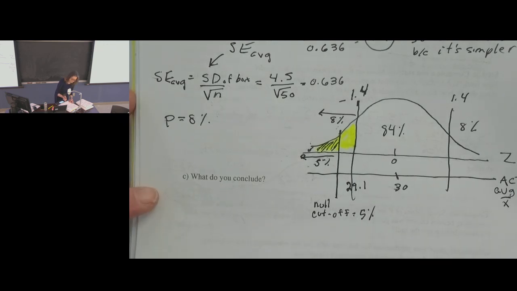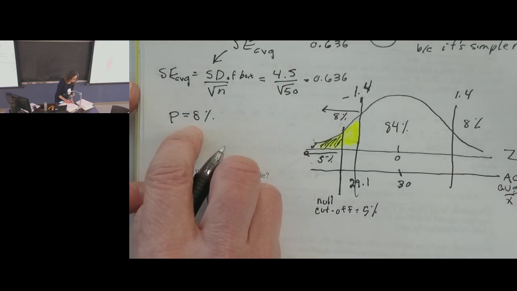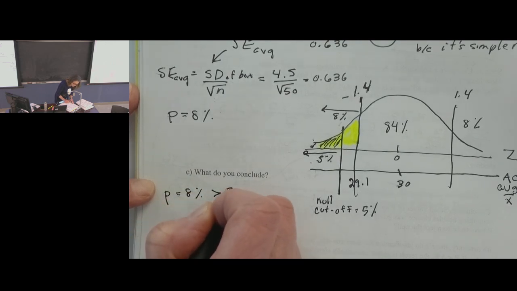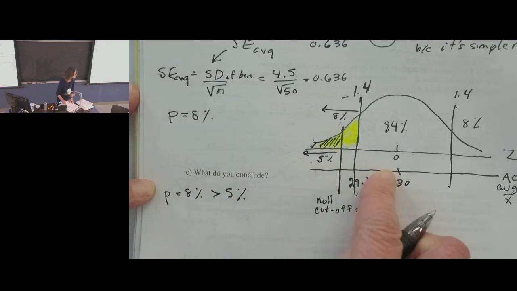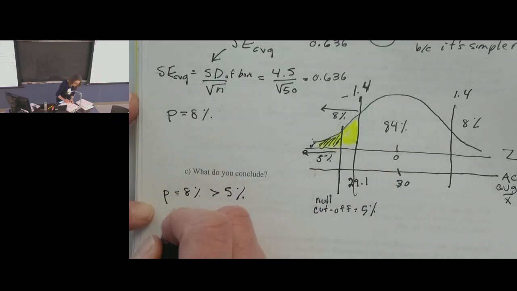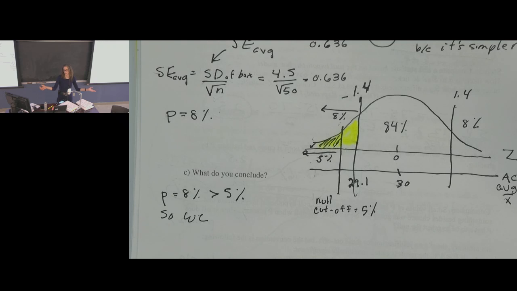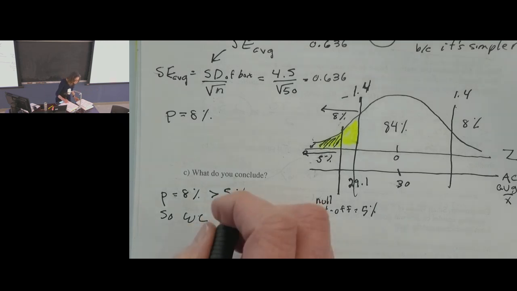So we'll just say, using that, p is equal to 8%, which is greater than the 5% cutoff. So we can't reject the null. We're going with the null, that it could be due to chance.